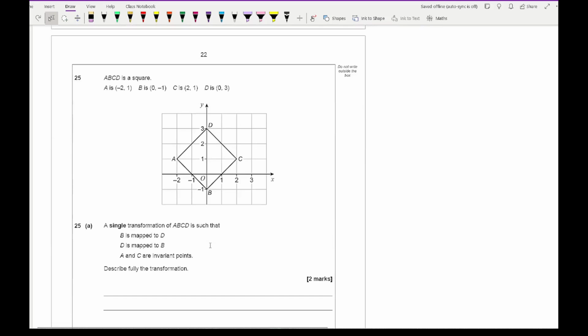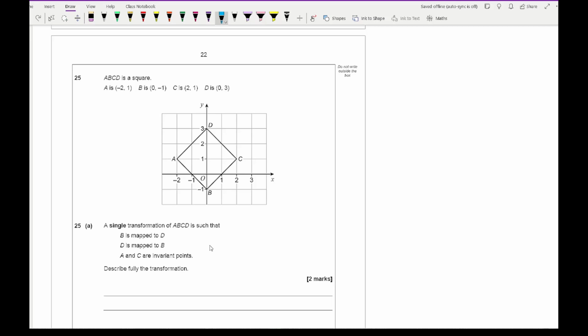For question 25, it says ABCD is a square, and it gives you the coordinates. And for 25a, it says a single transformation of ABCD is such that B is mapped onto D, D is mapped onto B, and A and C are invariant points. Describe fully the transformation. So for this, basically what's happened is invariant points basically means they haven't moved.